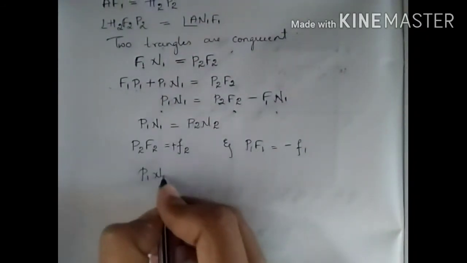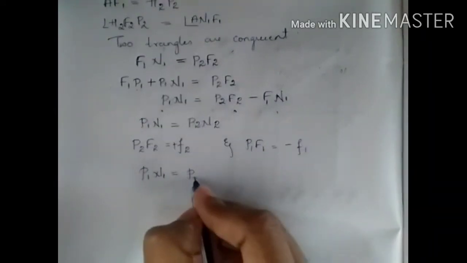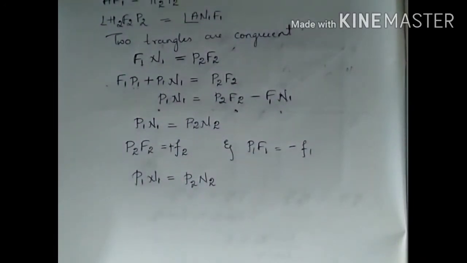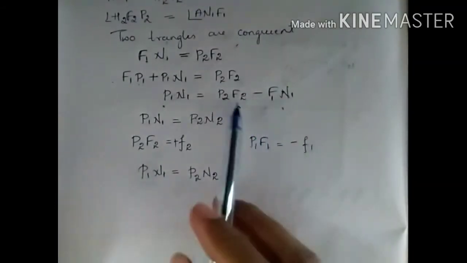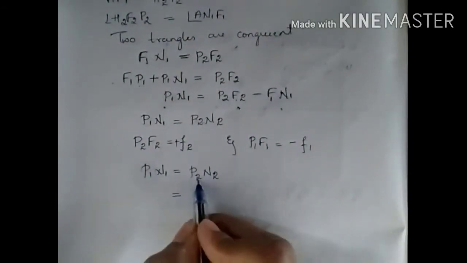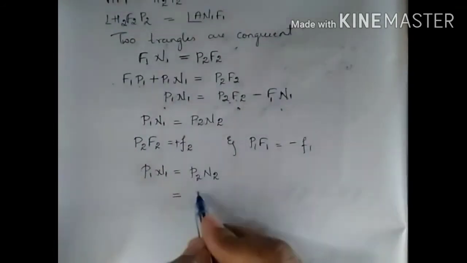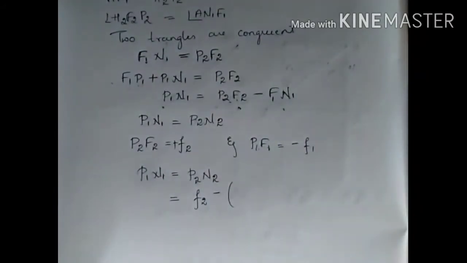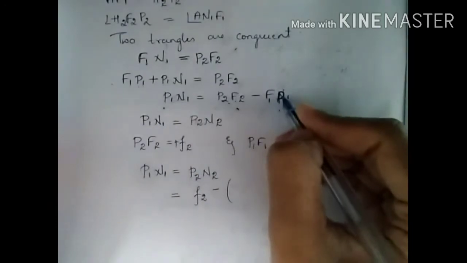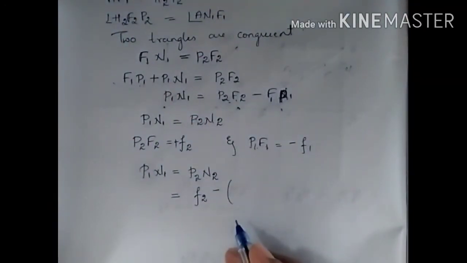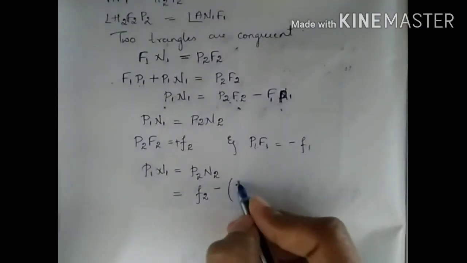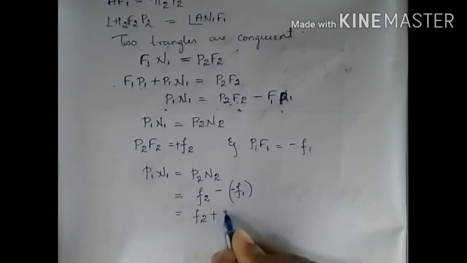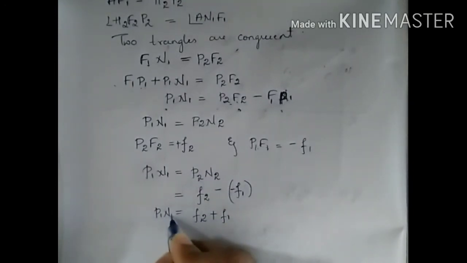Now this P1N1 can be written as P2N2. So if you substitute these values here, then you will get P2N2. P2F2 is F2, and minus of P1F1 is minus of minus F1, so that gives F2 plus F1.